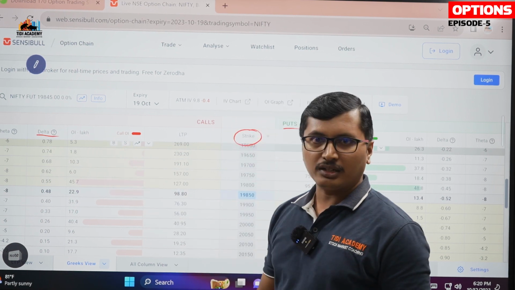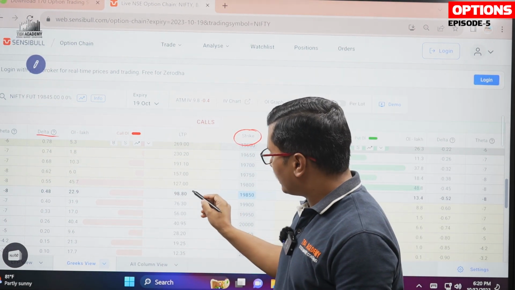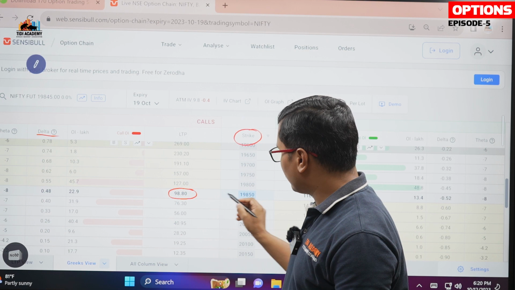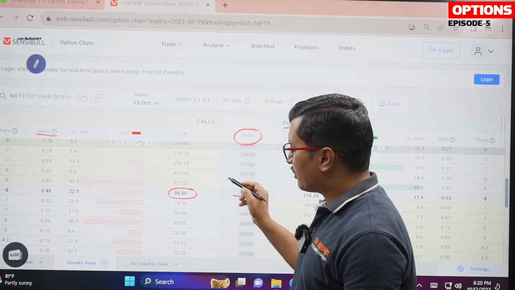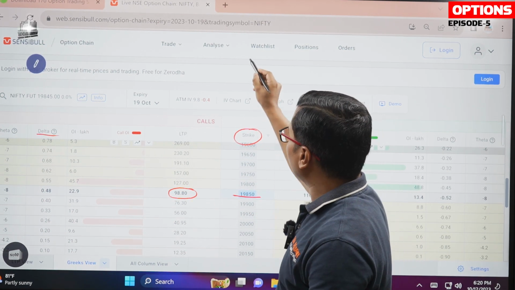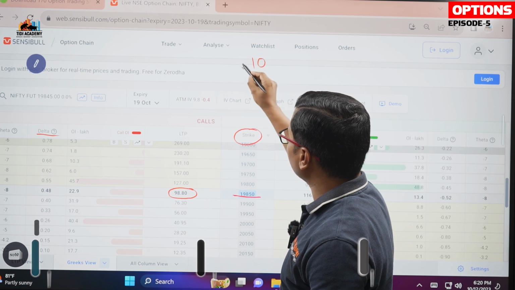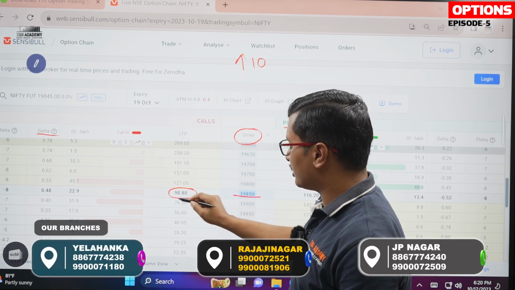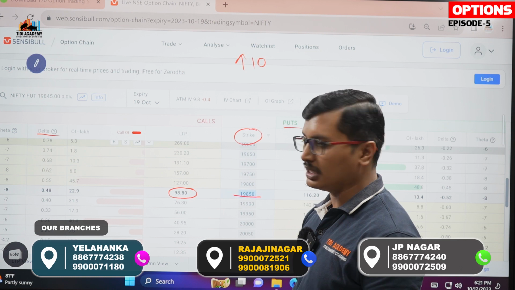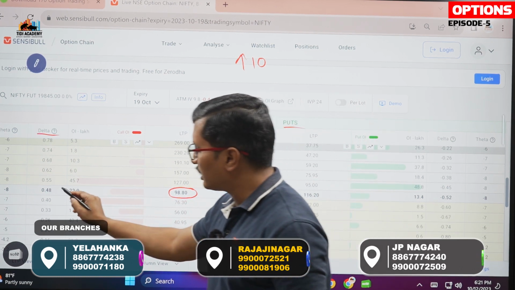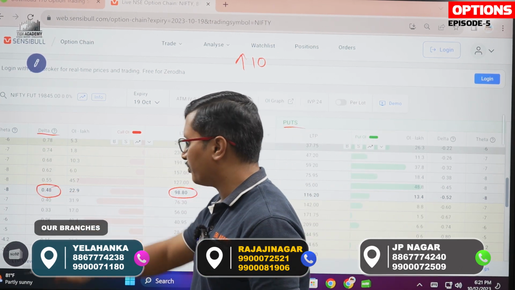When we come to delta, if you buy this particular LTP with this strike price, think that the market moved 100 points up after you bought. The delta present here is 0.48.